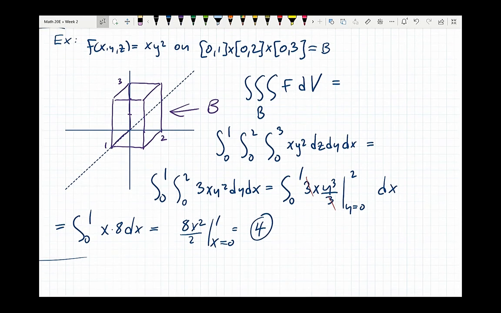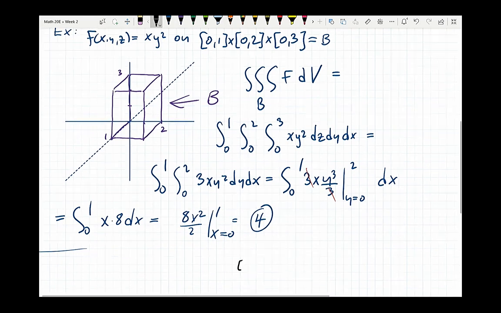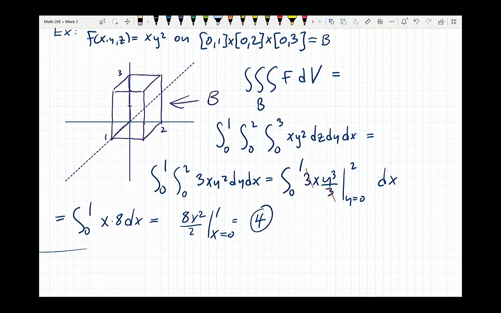Wait, who was asking me about the intervals? What was your name again? Sorry, I was kind of distracted. You were asking if you got AB cross CD cross EF, could it ever be that this was Y and this was X or something? What it will always mean is that the first interval is what you are considering your first coordinate.